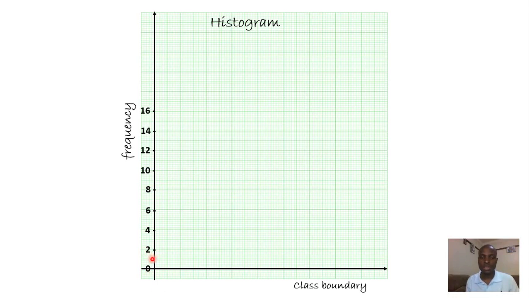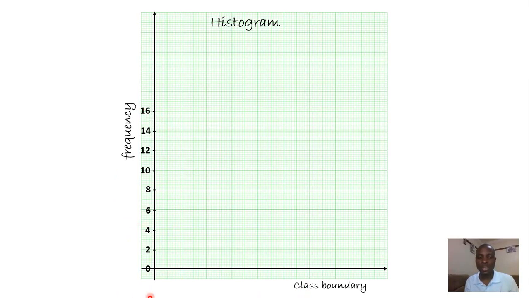So this will be 3, this is 5, this is going to be 1, this is going to be 2, this is going to be 5, this is going to be 7, 9, 11, 13, and then this is going to be 15. So this is for the frequency.